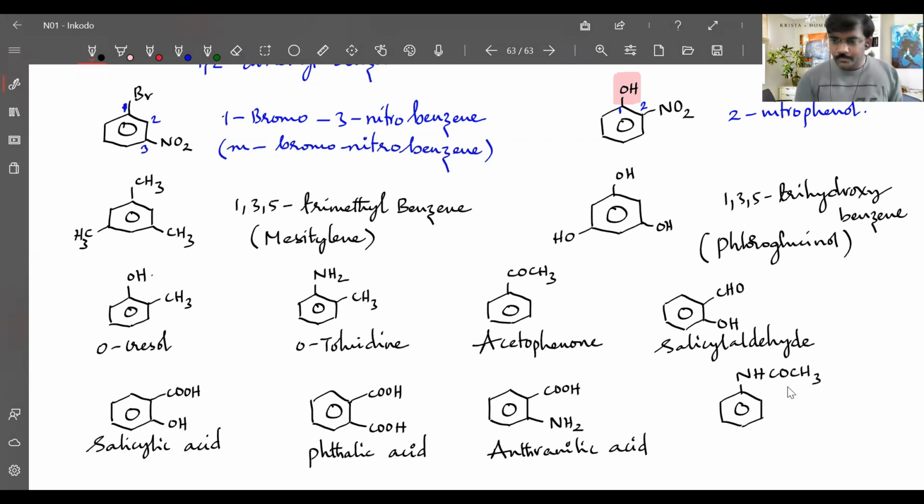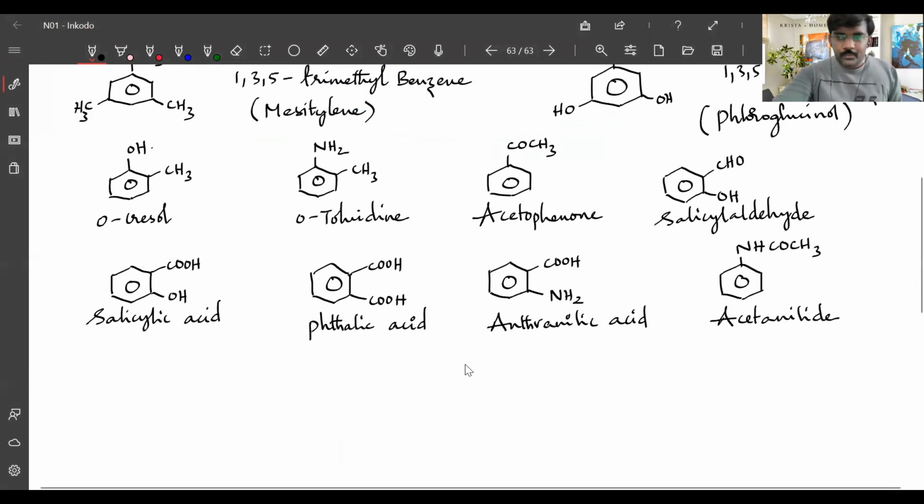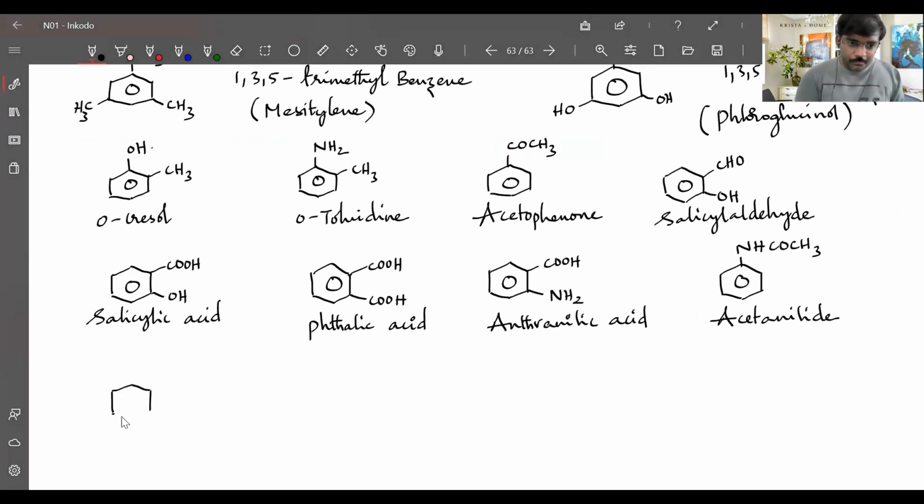Okay, this is NHCOCH3 on the benzene ring. This particular group we call acetanilide. Okay, we take it as acetanilide. Next, again on the benzene ring, now I'm going with OH groups. 1, 2, 3.